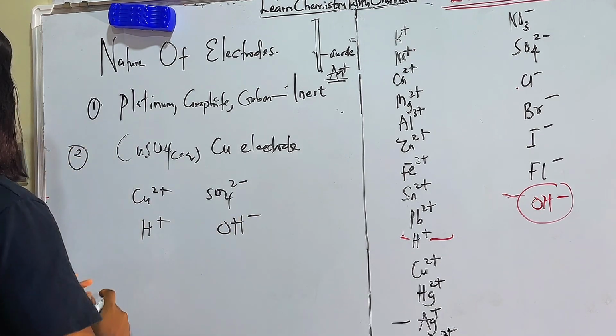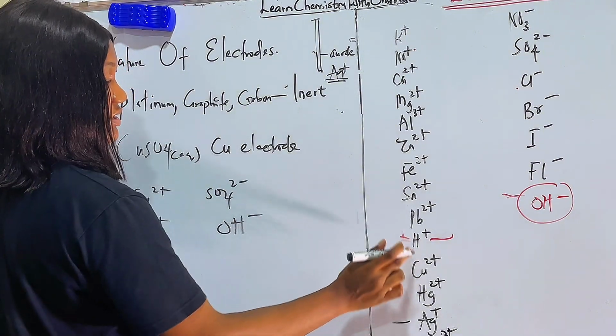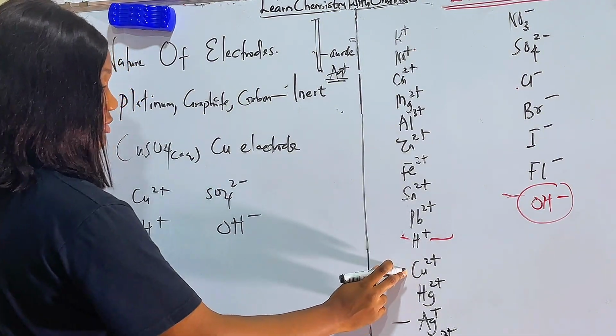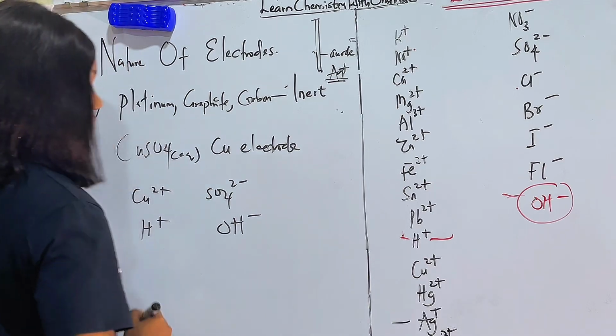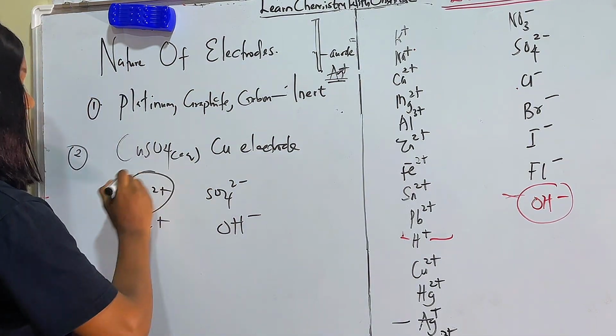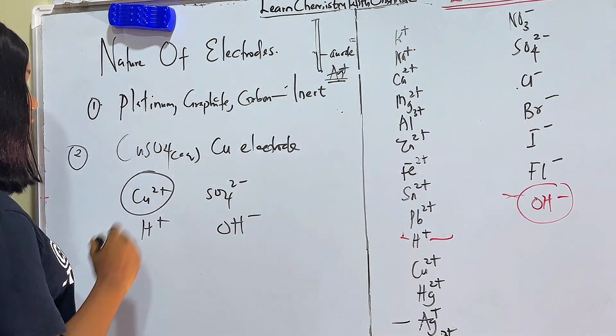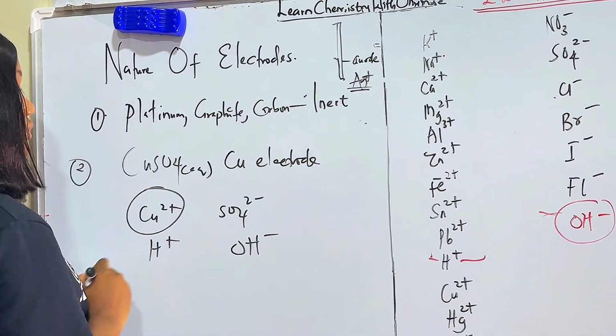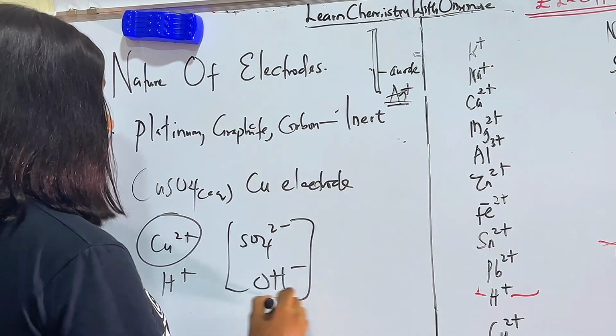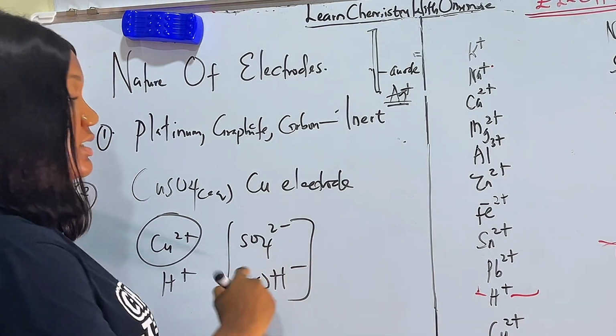Now, what's going to be deposited at the cathode? Between hydrogen and copper, watch which one will be deposited. Copper will be deposited at the cathode. How about the anode? You have SO4 and OH. Which of these will be deposited? None.